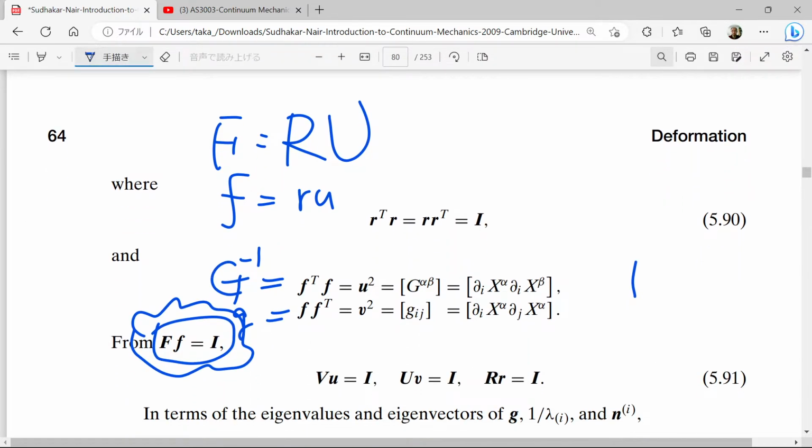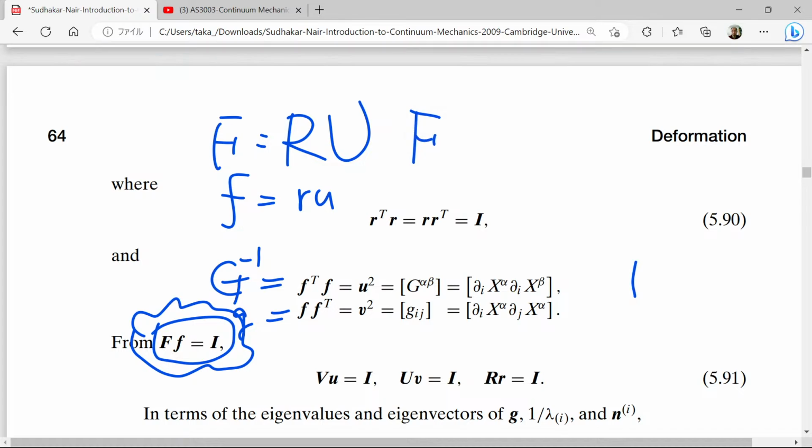So you can do F times f, which is RU times its inverse, equal to identity.